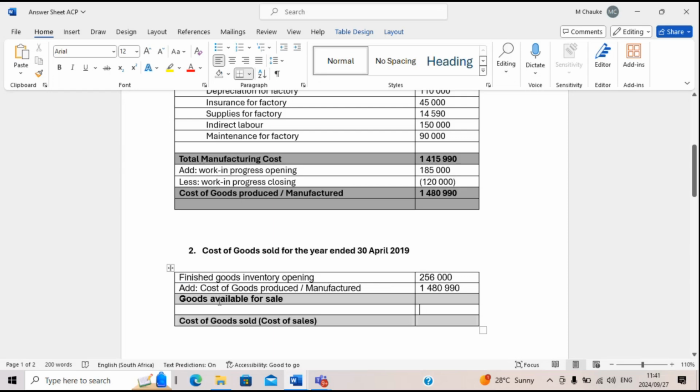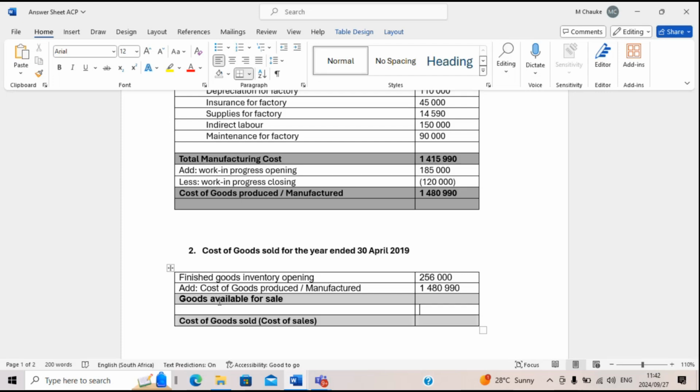So it's going to be 256,000 plus 1,480,990, and then we're going to get 1,736,990. That is our cost of goods available for sale.